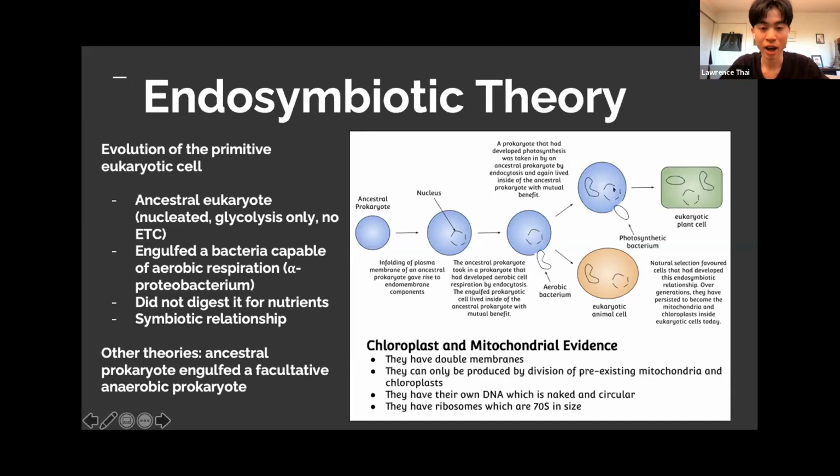And the eukaryote, the ancestral cell, was benefiting from the efficient use of glucose to make energy. This is probably one of the big reasons why we've got multicellular life and complexity, because of this efficient generation of ATP. There are these other theories here, which I'm probably not going to go over, but yeah.